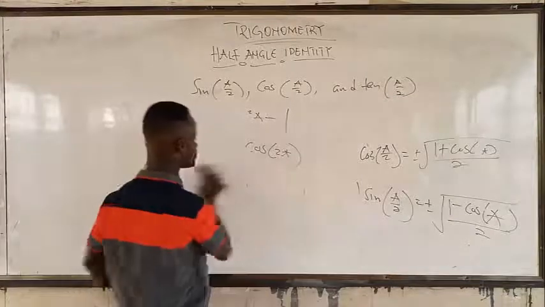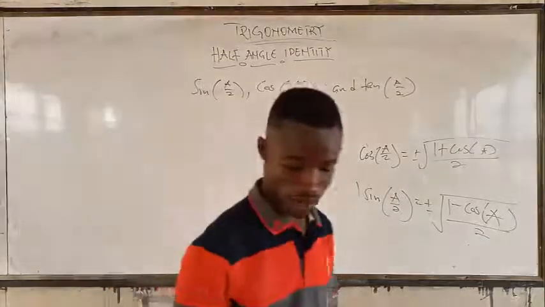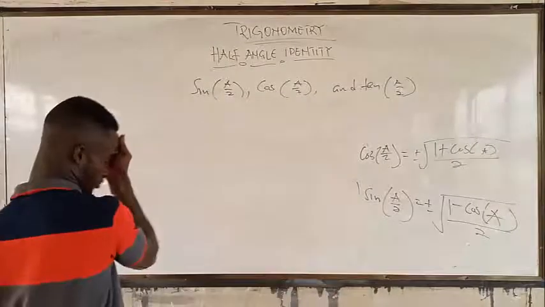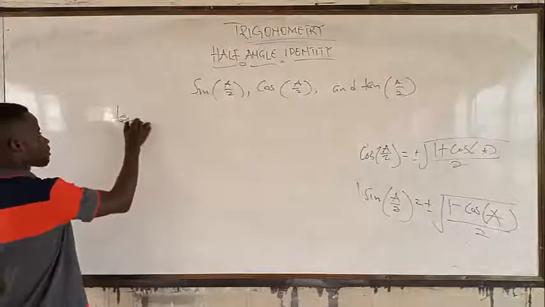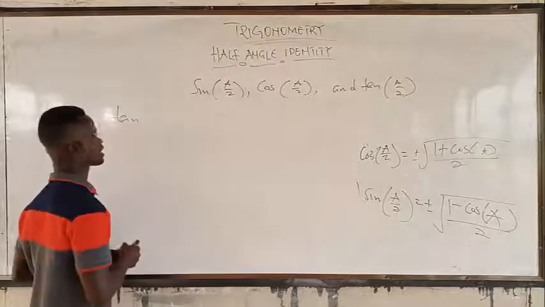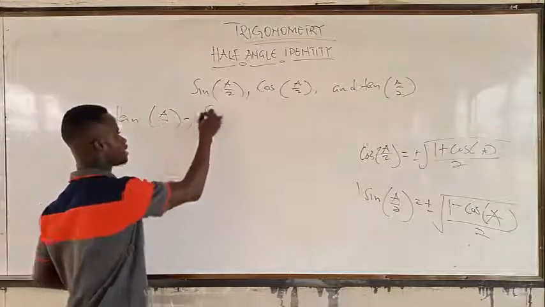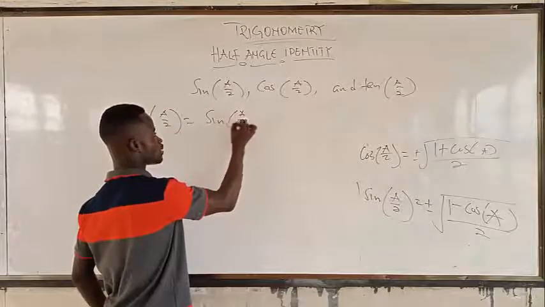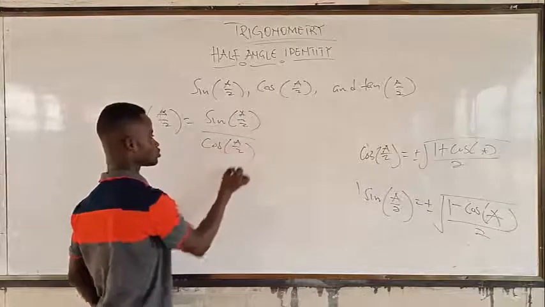So I like doing trigonometric identities. It makes you understand the content very well. Okay. You know that tan is sine over cos. Now for us to get tan A over 2, we divide sine A over 2 over cos A over 2.